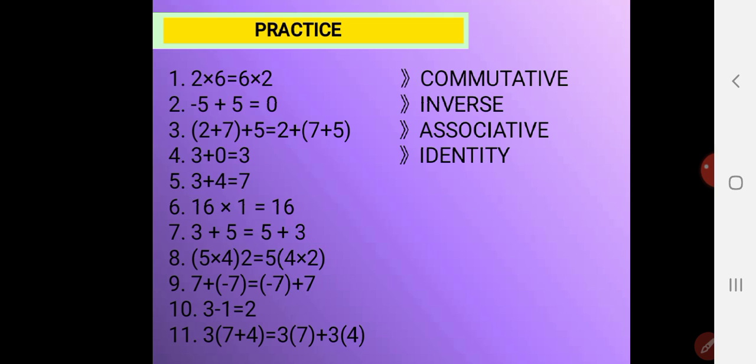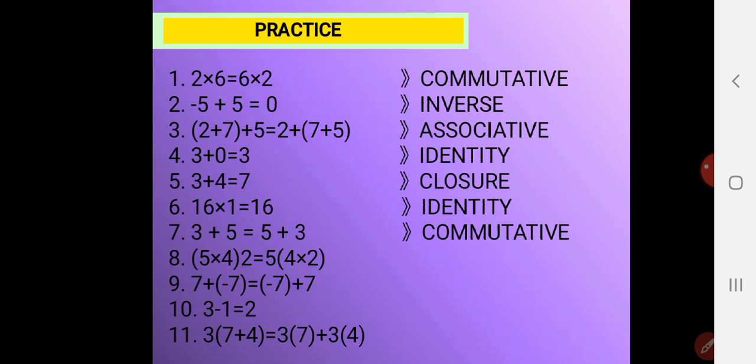Number 5, 3 plus 4 is equal to 7. If your answer is closure property, that is correct. Number 6, 16 times 1 is equal to 16. If your answer is identity property, you are correct. Number 7, 3 plus 5 is equal to 5 plus 3. If your answer is commutative property, you are correct.